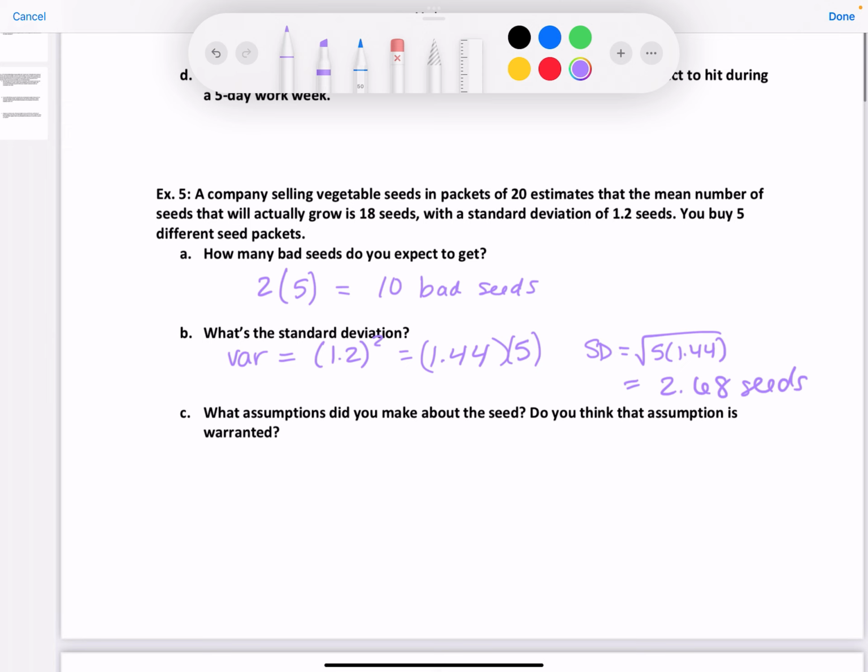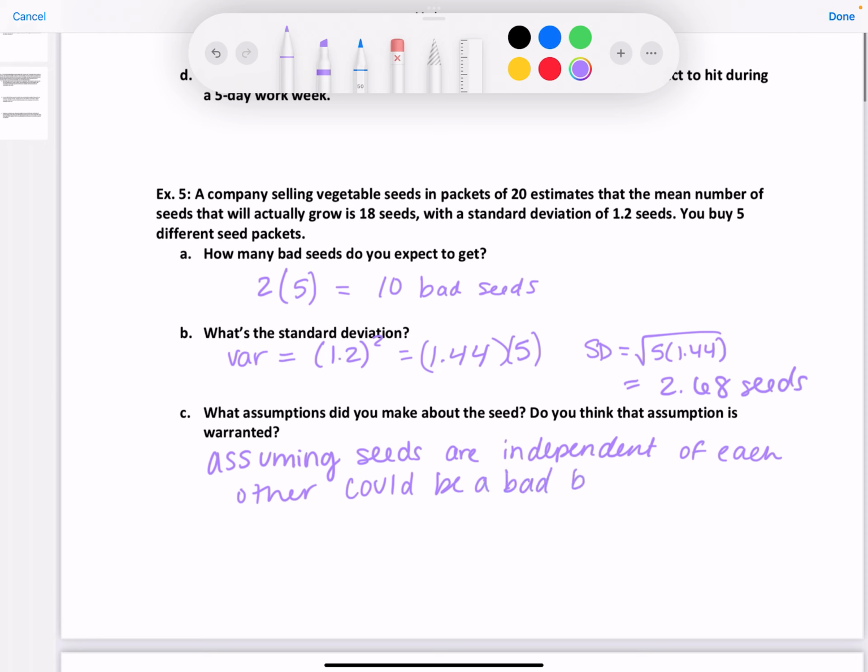So, assuming the seeds are independent of each other, there could be a bad batch of seeds where none of them were to grow. So it is safe to assume they are independent.